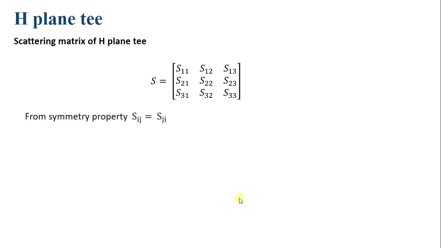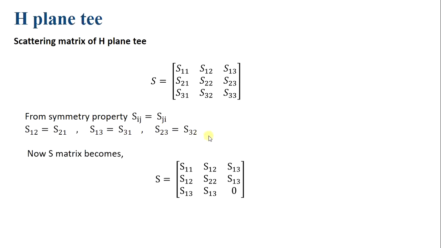From the symmetry property, we know Sij is equal to Sji, so S12 equals S21, S13 equals S31, and S23 equals S32. Now, putting all these values, we get the S matrix, which is like this.